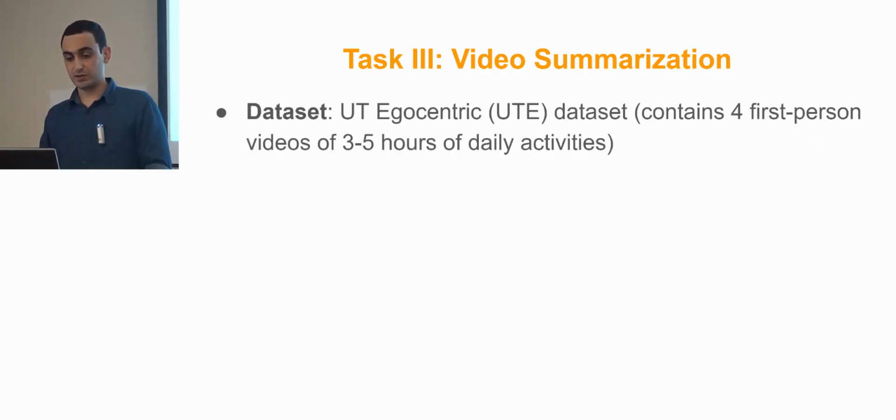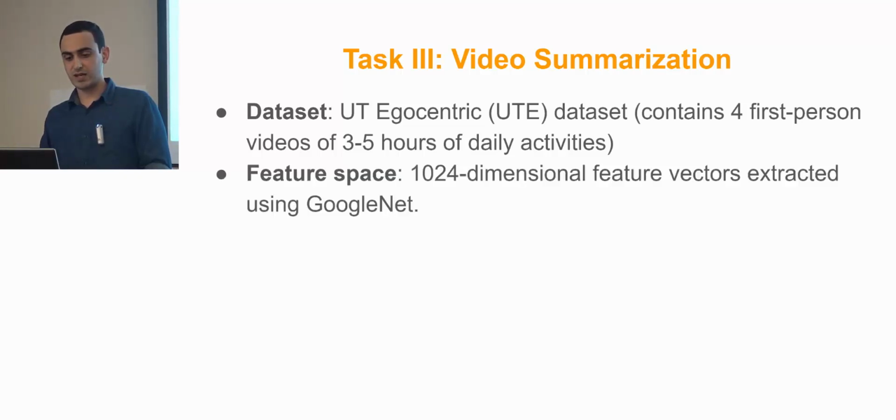We use the UT egocentric data set for this task. For the feature space, we used GoogleNet pre-trained on ImageNet and extracted 124-dimensional feature vectors.